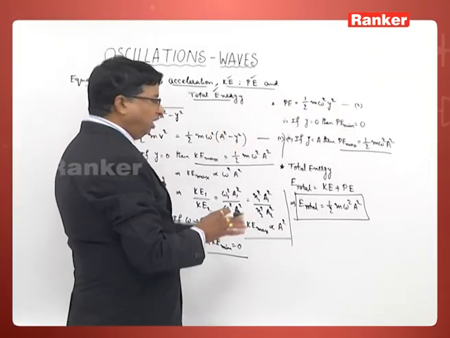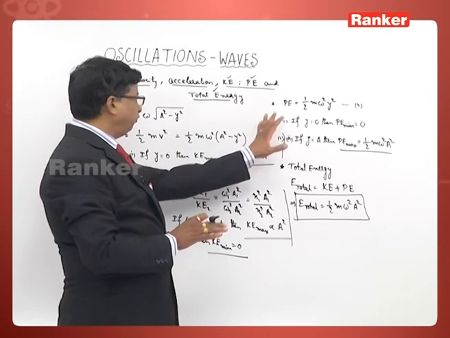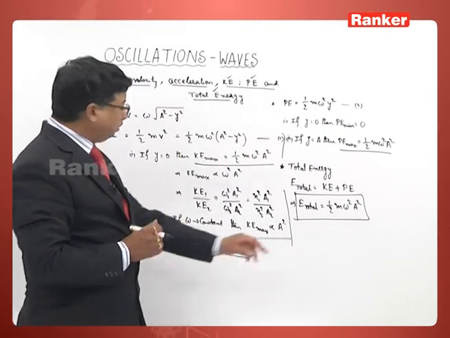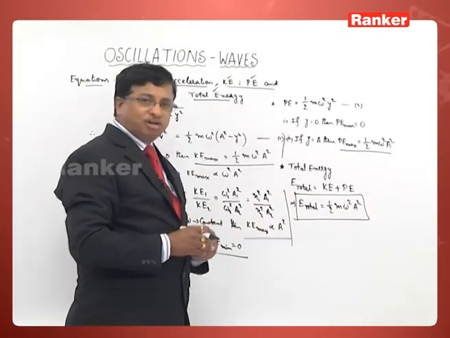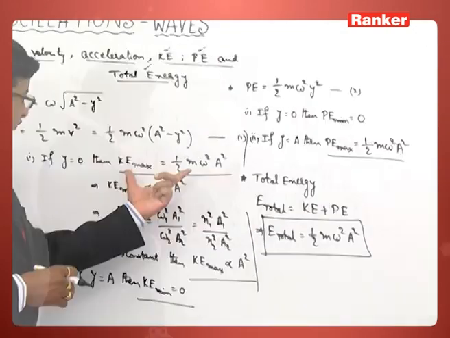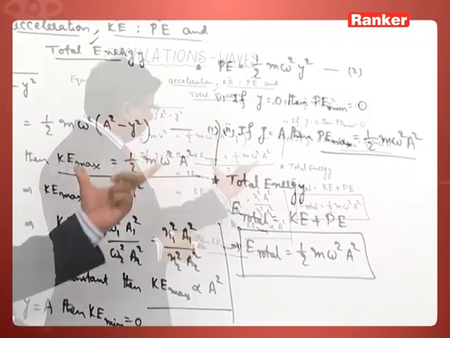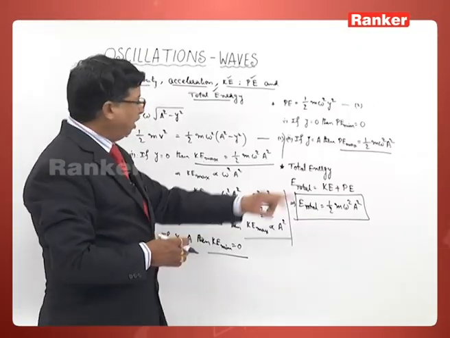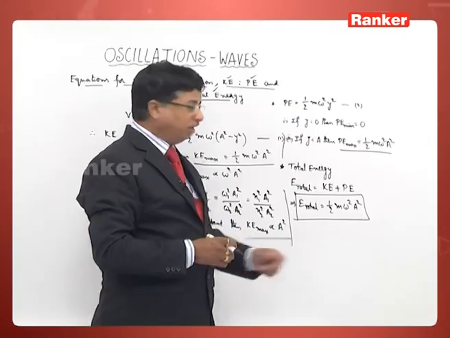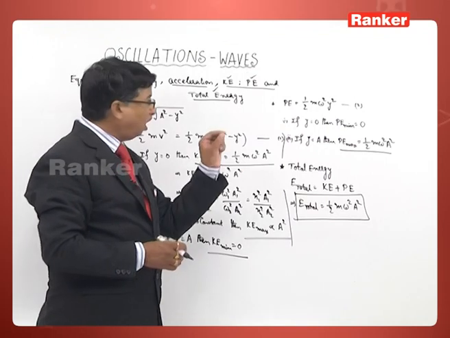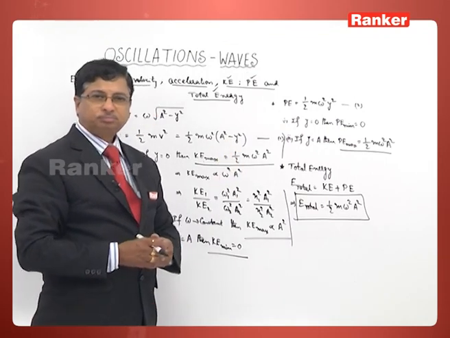So, what is your ultimate conclusion out of all these equations? What is the ultimate conclusion? The total energy of the particle in SHM, maximum kinetic energy and maximum potential energy: look at all these three equations. They are one and the same.